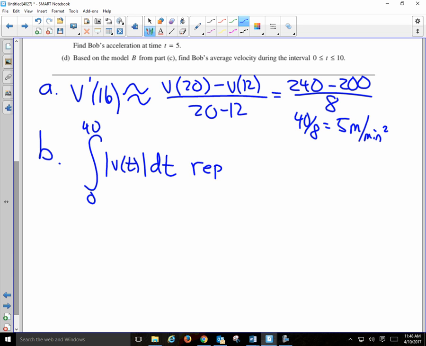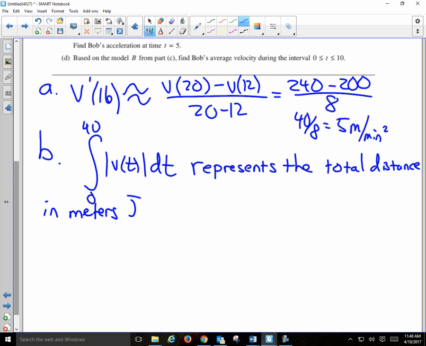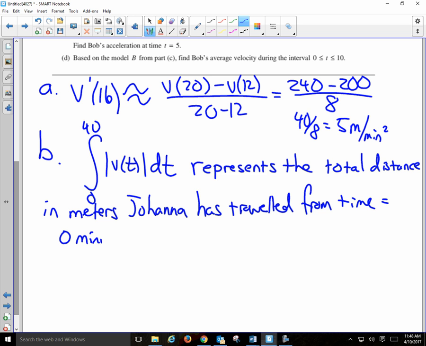That integral represents the total distance, in what's the measurement? Meters. Johanna has traveled from time equals 0 minutes to time equals 40 minutes.